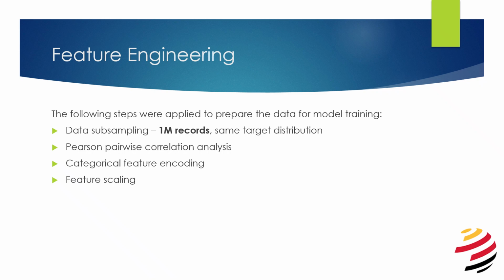A Pearson pairwise correlation analysis was conducted to identify and remove highly correlated redundant features. Categorical encoding was applied to convert non-numerical variables into suitable numerical formats. Finally, MinMaxScaler was used to normalize numerical values across all features to ensure uniform scaling.